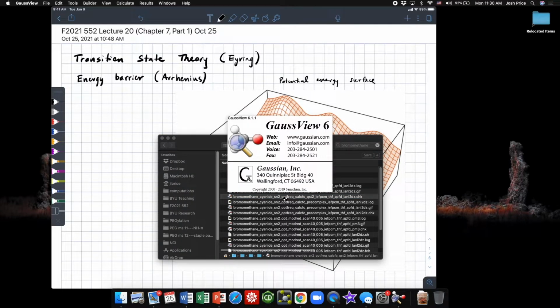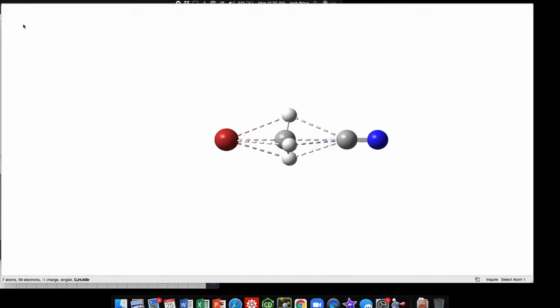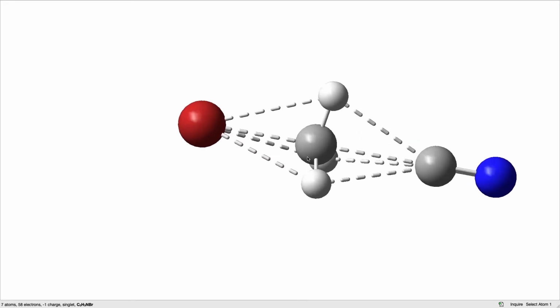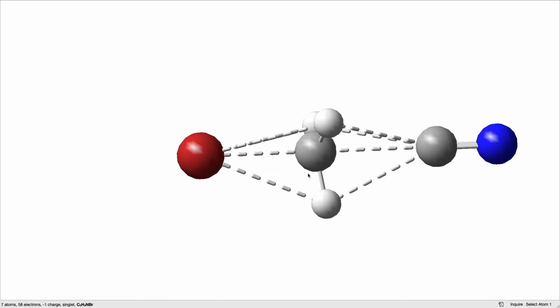So this is a results file from a calculation I did, finding the transition state of the reaction between bromomethane and cyanide. And this looks like what you'd expect. Here's the leaving group, and here's the nucleophile. Though actually, if we were to zoom in, you would see that that's not exactly planar, right?